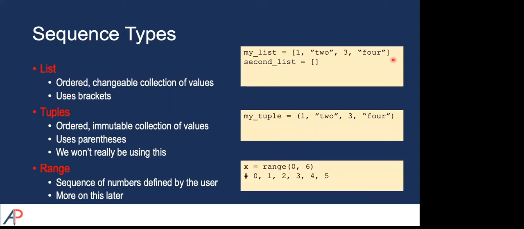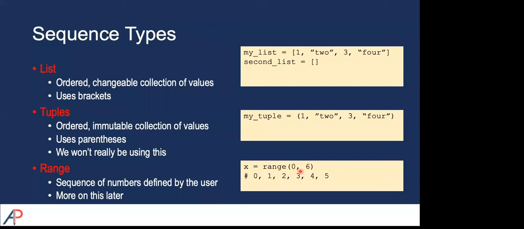And finally, range. So range will be the sequence of numbers. So when I say range 0 to 6, it'll give me 0, 1, 2, 3, 4, 5. Notice that the 6 is missing, however.